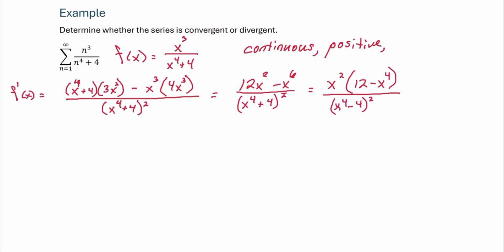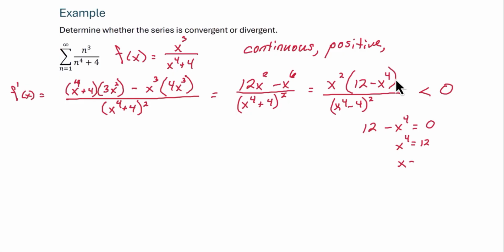And we want to see where this is less than 0, because if the first derivative is negative, less than 0, that means the original function is decreasing on that interval. So if we set the numerator equal to 0, let's focus on this second factor, because the first factor will just give us 0. If we set this piece equal to 0, we get x to the 4th equals 12.